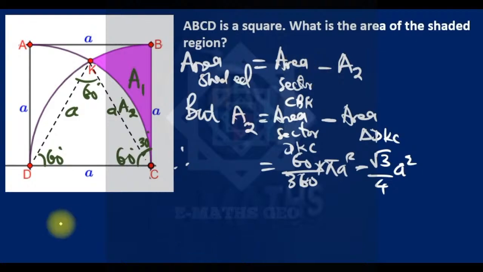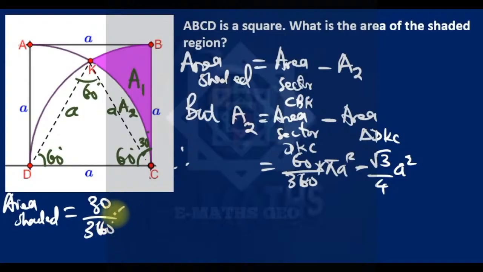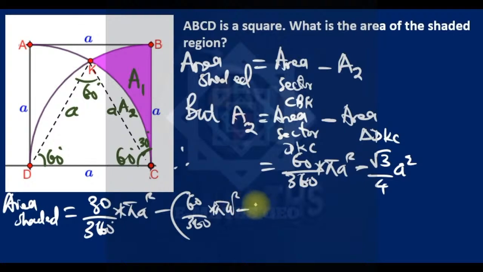Therefore, the area shaded is equal to the area of sector CBK. So we have 30 over 360 times pi a squared minus A2, which is this, which is 60 over 360 times pi a squared minus √3 over 4 a squared.